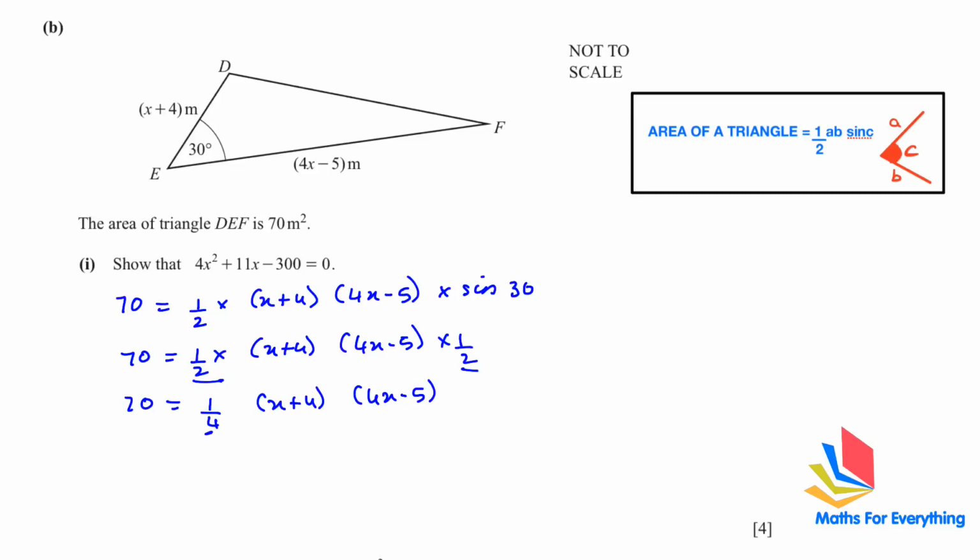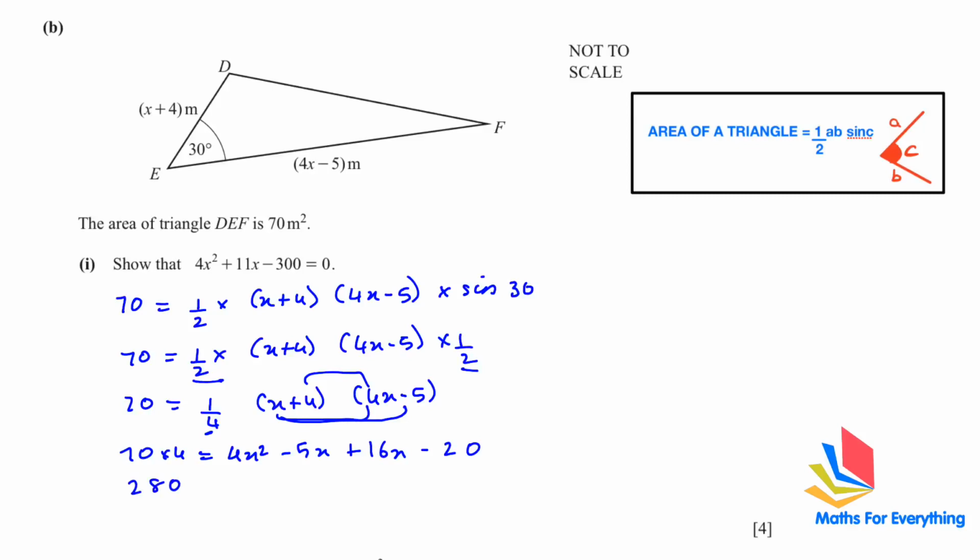This is a divide. When I move to the other side, it will be a multiply. 70 multiplied by 4 is equal to, now we'll expand the brackets. x times 4x is 4x squared and x times negative 5, negative 5x. 4 multiplied by 4x is 16x and 4 multiplied by negative 5, negative 20.